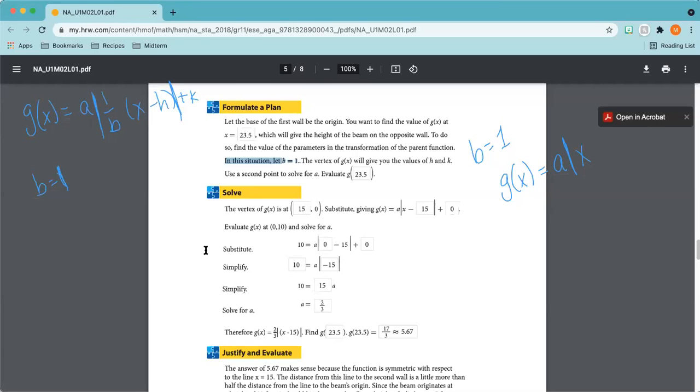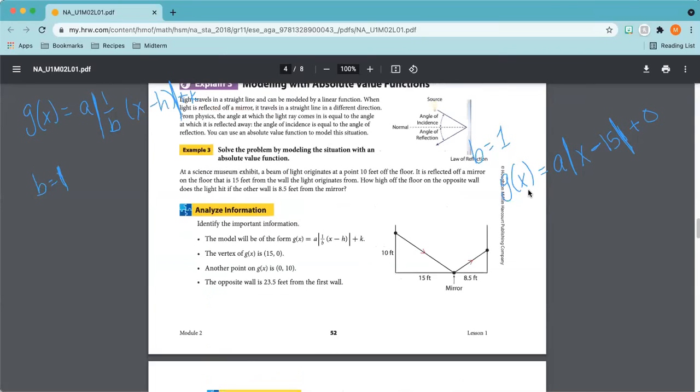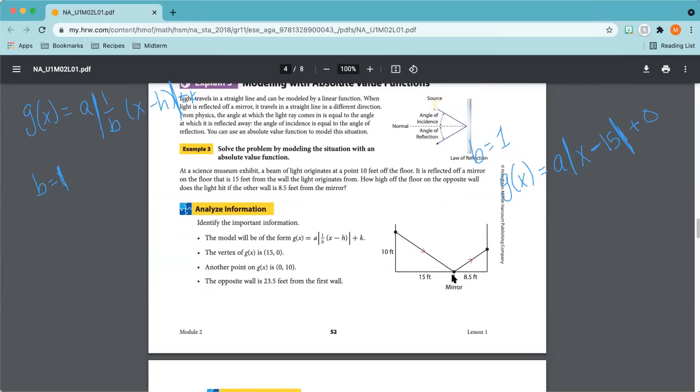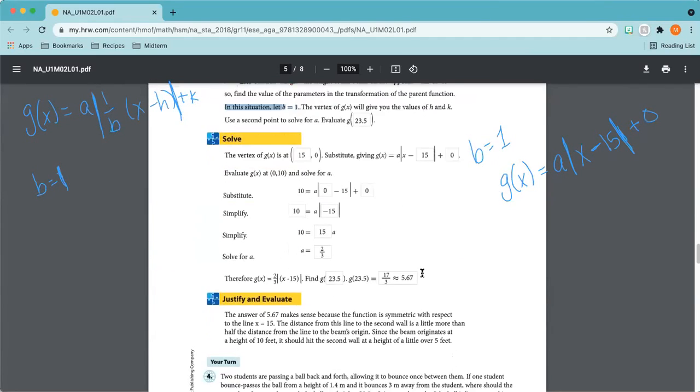And now my x minus 15, because I'm going to the right 15 points. Plus 0. Remember, my k doesn't go up or down, it stays on that 0 point. I only move left and right from my original (0, 0). So we can see here, I only moved over, I'm still at this 0 x point. So I didn't go up or down.